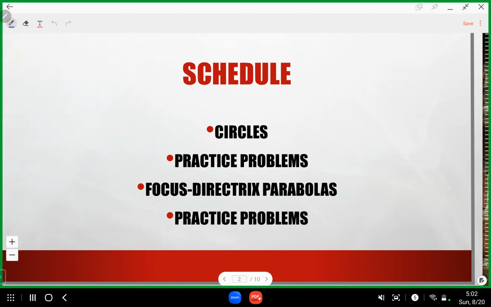So, let's see here. The schedule: first we're going to go over circles, right? Since circles are part of conic sections, and some people are not too familiar with circles, since we never really went into depth with circles, we'll review circles, do some practice problems with it, and then we'll go over a new definition of parabolas, right?